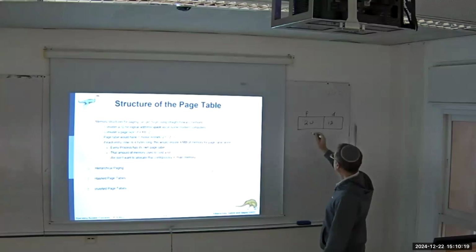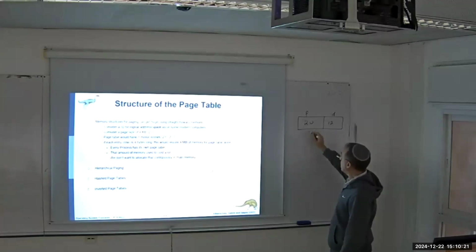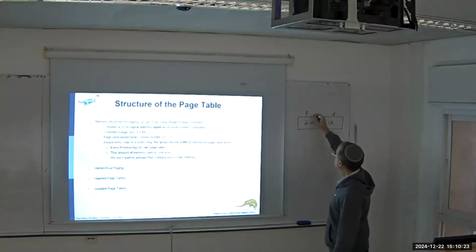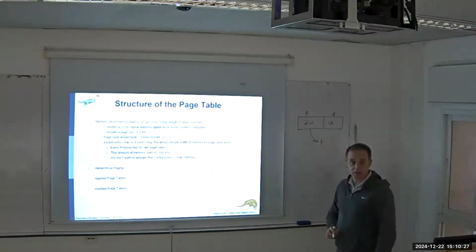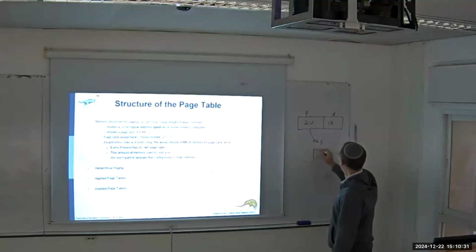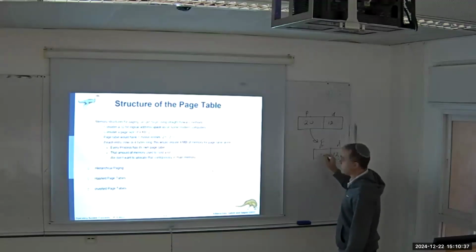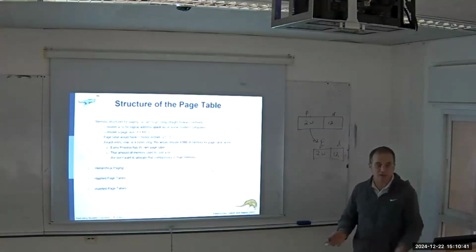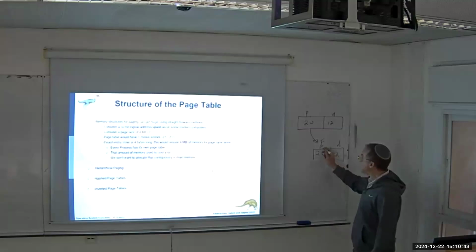Now, when I go and I want to change my P to an F, how many bits do I need to replace it with? I have D and F. How many bits will be here? Still 12. How many bits will be here? Still 20. I gotta have enough for a full address. I gotta have 32. So my F has got to be 32.